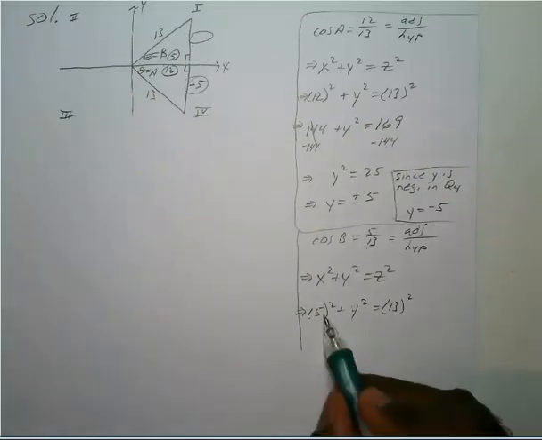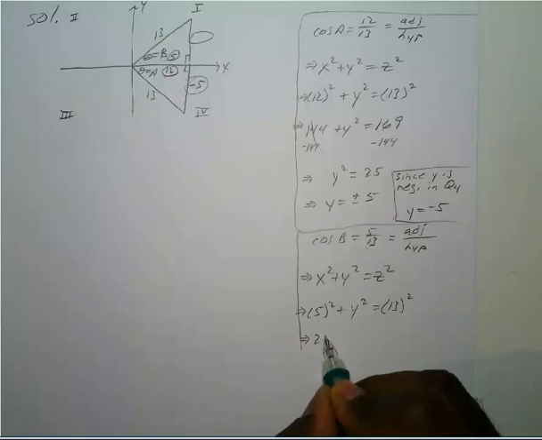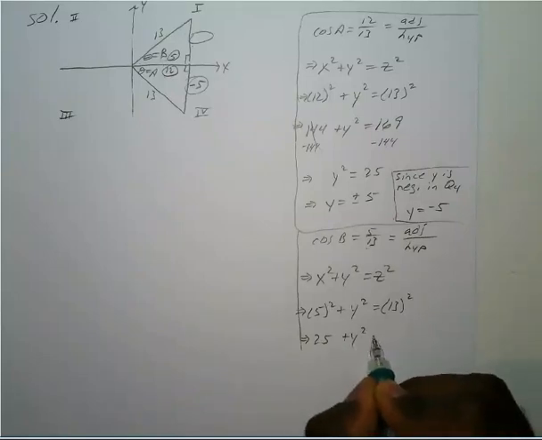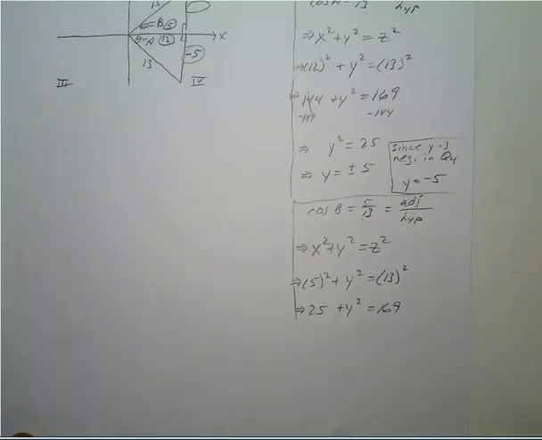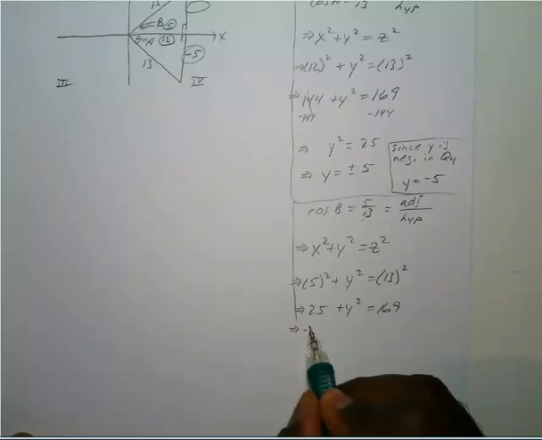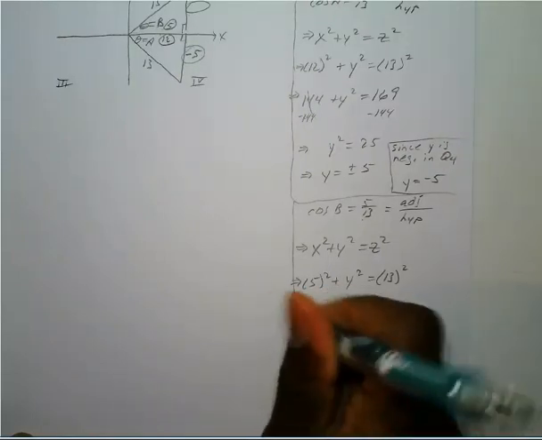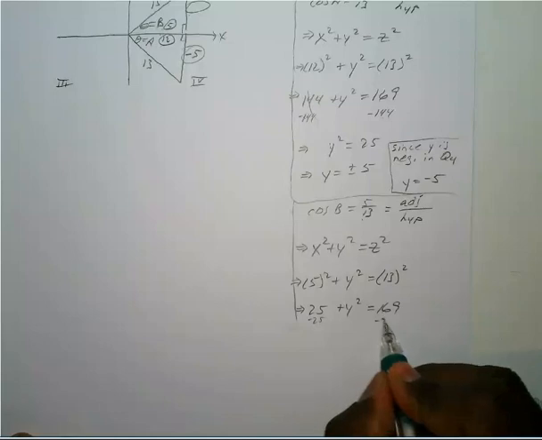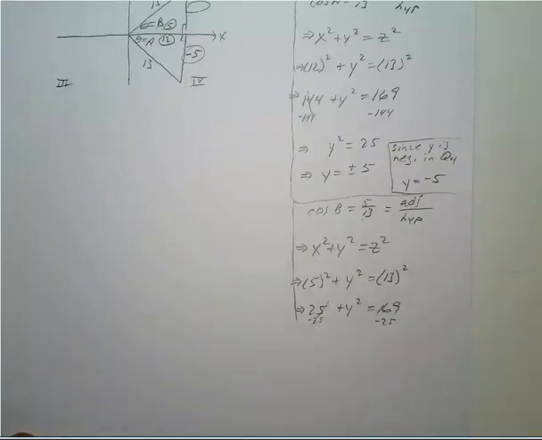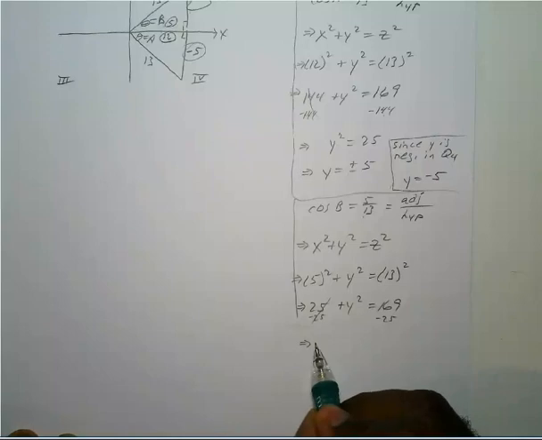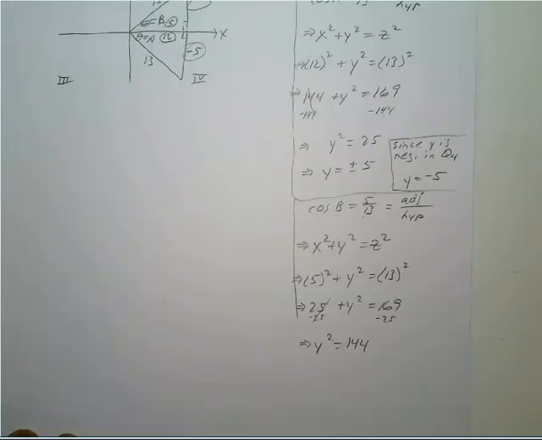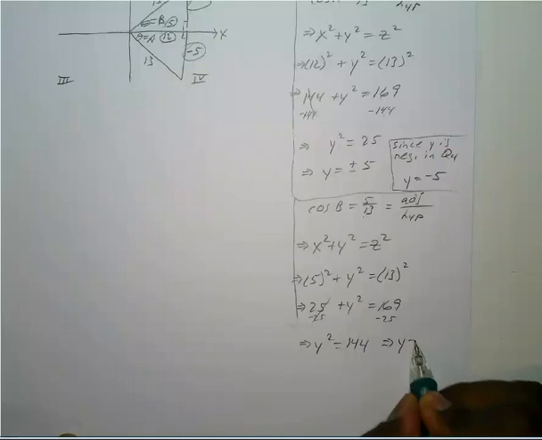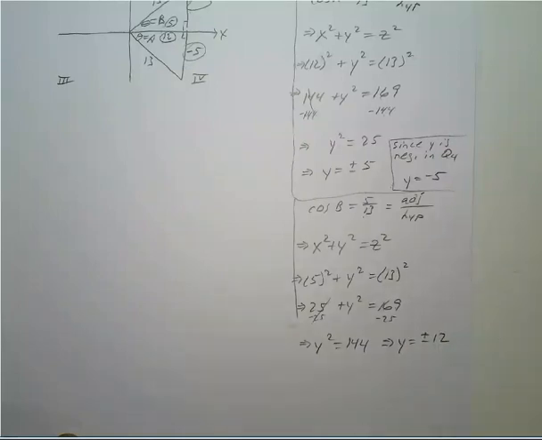Okay, so 5 squared is 25, so we have 25 plus y squared equals 169. So we go ahead and subtract 25 from both sides. Those cancel out. So we have y squared equals 169 minus 25, which is 144. If we square root both sides, we see that y is equal to either positive or negative 12.